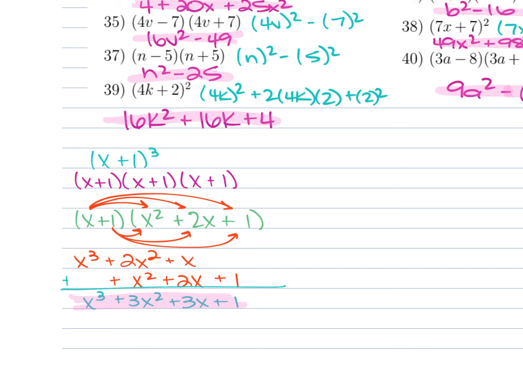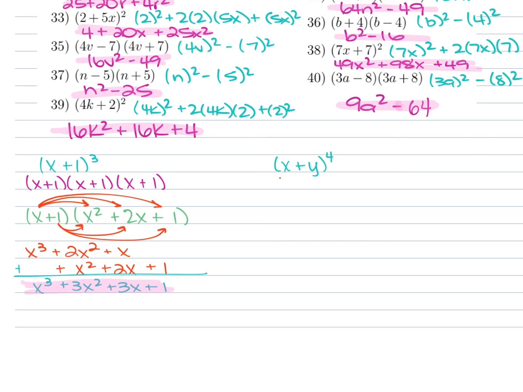Another question that you're going to see on your quiz tomorrow that is not on your review is something like x plus y raised to the 4th power. So this is the same exact thing as saying x plus y times x plus y times x plus y times x plus y. You can also think about this as x plus y squared times x plus y squared.